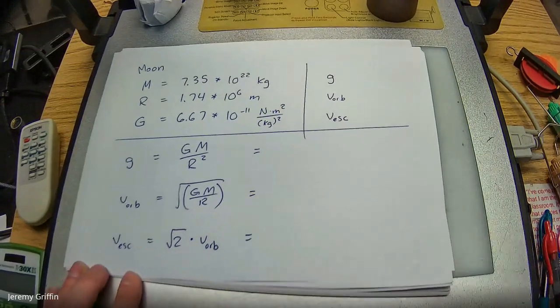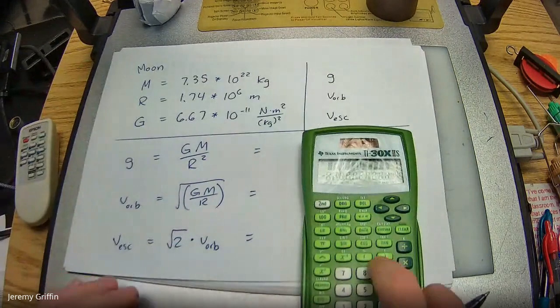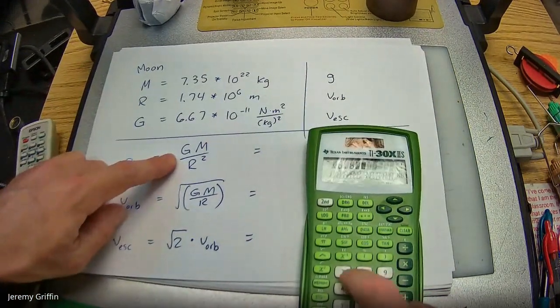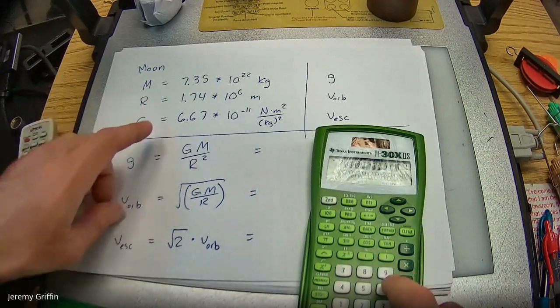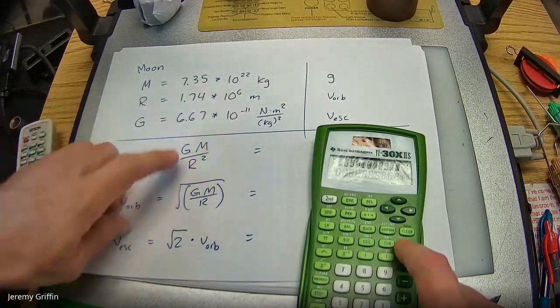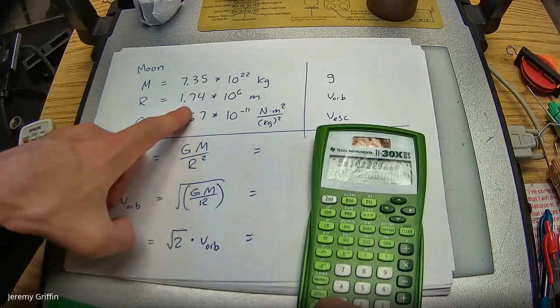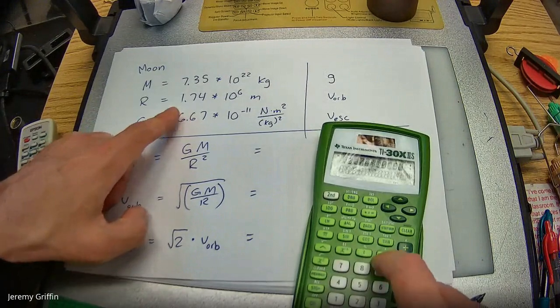Right? Let's see how these numbers are gonna play out. Just do it on the calculator. So 6.67 by 10 to the negative 11, close, open. Mass of the moon, 7.35 by 10 to the 22, close, divide by, open. 1.74 by 10 to the 6, close, square.